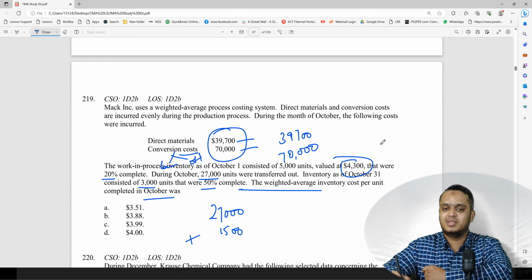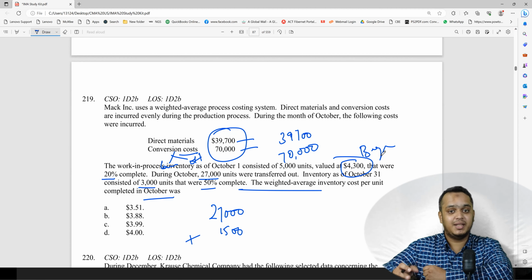What is this 4,300? This is my beginning cost, right? Beginning cost, we are 20% complete. Now, when we are taking weighted average cost, even if it is 20% complete, 30% complete, we have to take the whole cost. So I add 4,300 also. Let me total this.